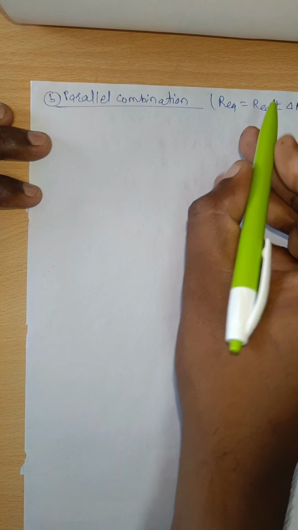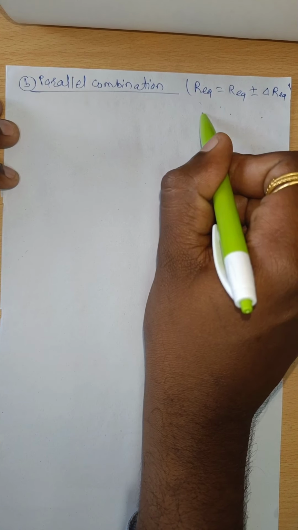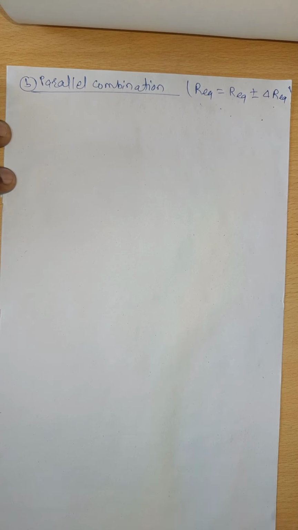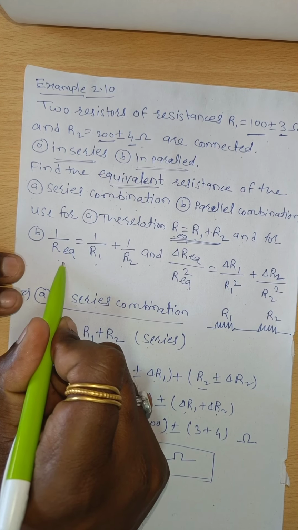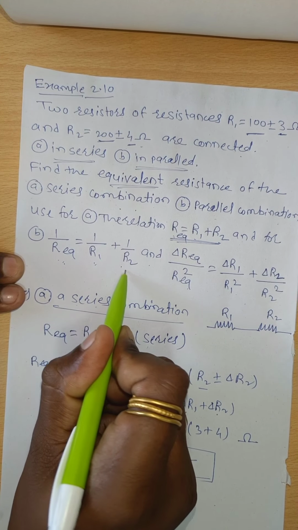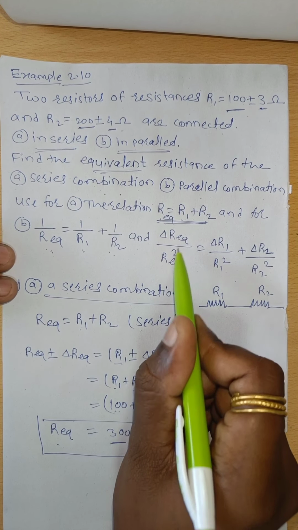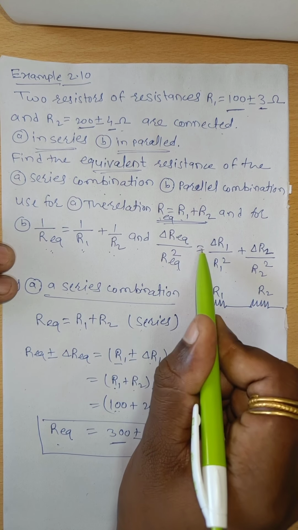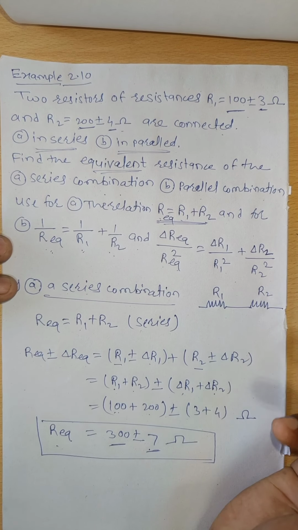You know that A is equal to A plus or minus delta A. For parallel combination, they give two formulas: 1 by R equivalent is equal to 1 by R1 plus 1 by R2, and another formula, delta R equivalent divided by R equivalent square is equal to delta R1 divided by R1 square plus delta R2 divided by R2 square.